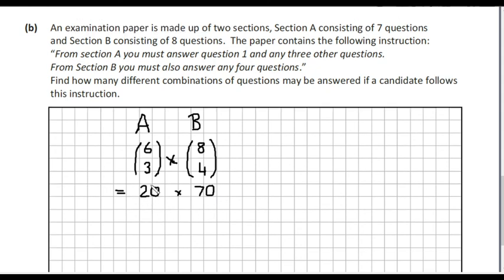For every way of picking your questions from section A, you've got this many ways of picking them from section B.